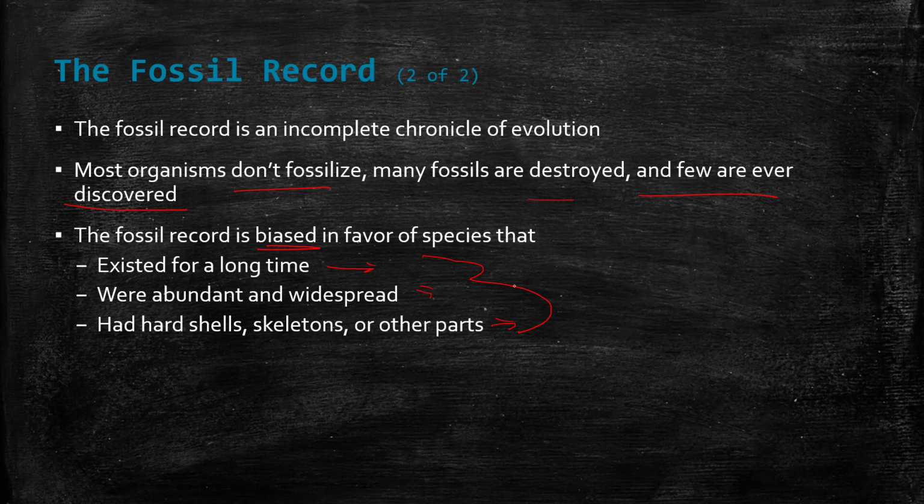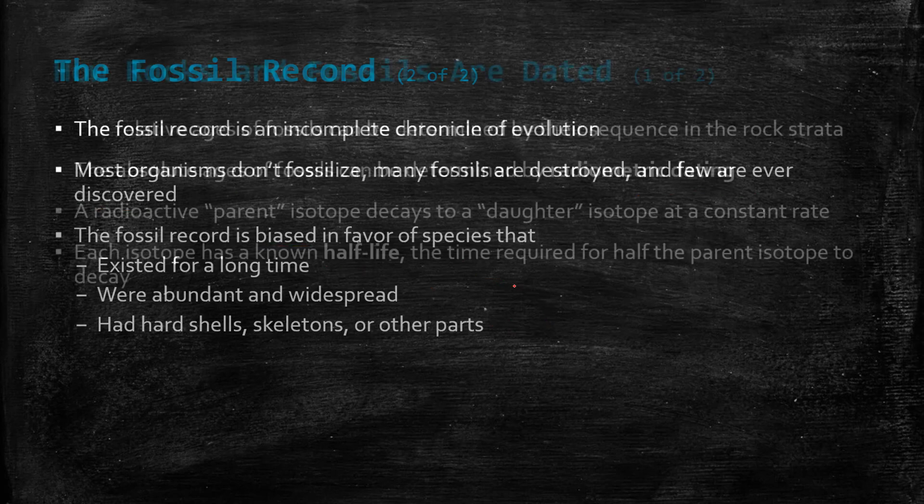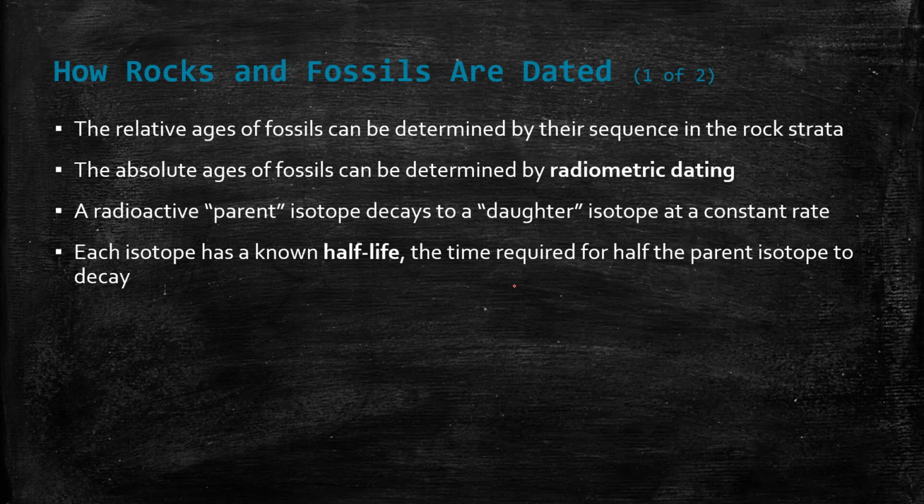That doesn't mean that soft things don't ever get preserved, but they're much rarer and much harder to find, and we haven't found as many of them. So our record is biased for those things that were around a while, that were all over the place, meaning they fossilized in lots of places, and they had hard parts that were easily fossilized. Like teeth, for example, and bones and wood. Those are the kinds of things that are easily fossilized.